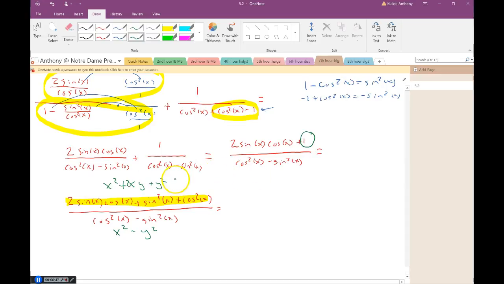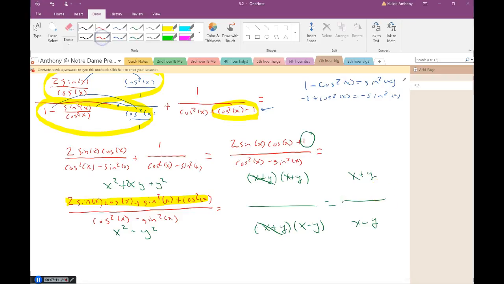So x squared plus 2xy plus y squared factors to x plus y times x plus y. And x squared minus y squared factors to x plus y times x minus y. So those things cancel, and I really just have x plus y over x minus y.